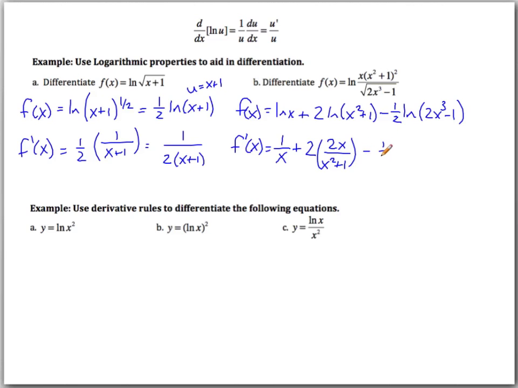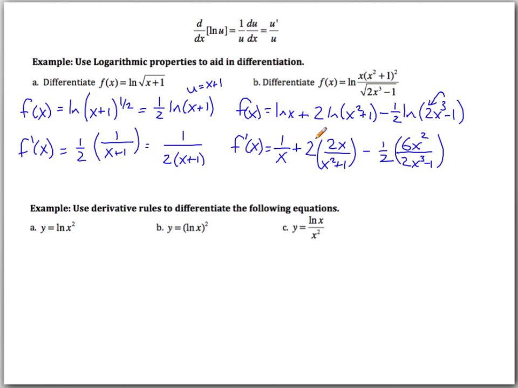And then minus 1/2 times, well, the derivative of 2x cubed minus 1, which is going to be, let's see, 3 times 2, which is 6x, and then 3 minus 1 gives me 2, over u, which is 2x cubed minus 1.